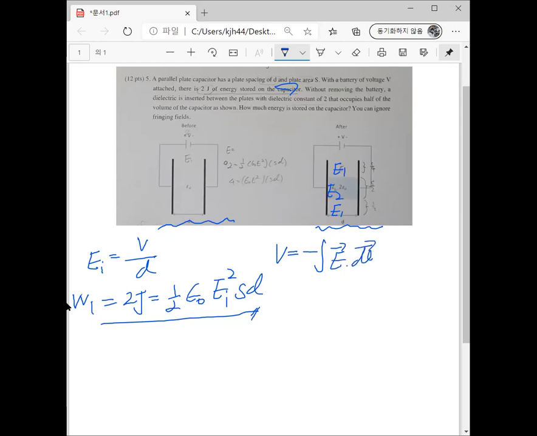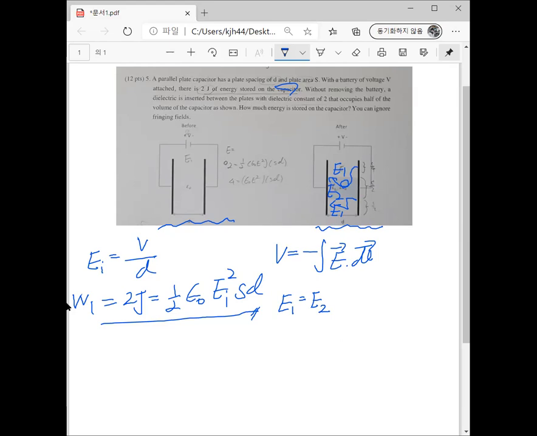This integral is path independent, which means whichever path you take for this integral, you have to always get the same answer. Which means, in other words, E1 and E2 must be equal.